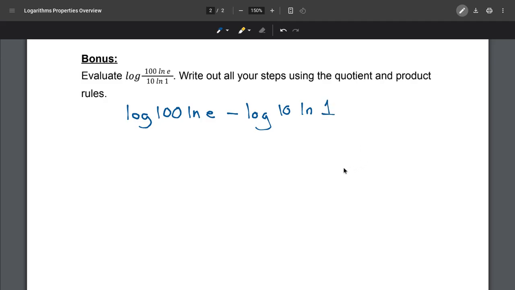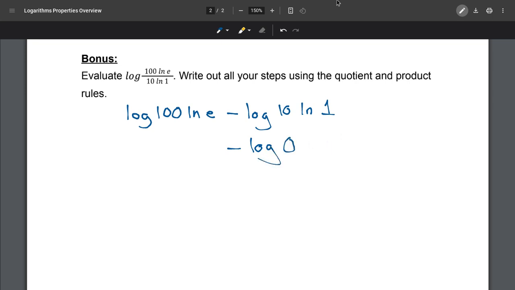So let's focus on this. What is the natural log of 1? Well, natural log of 1 is 0. So this is 10 times 0, so this is minus log of 0.